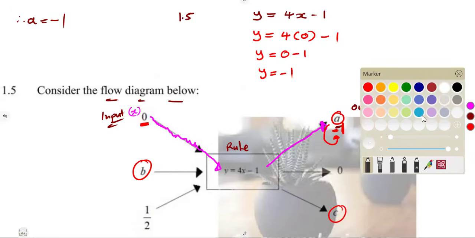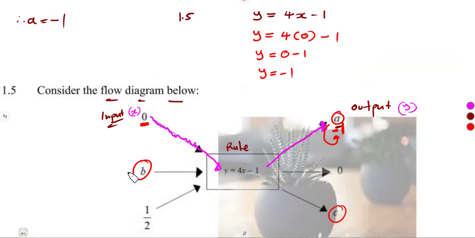Same concept. We move on to B. B is the input. Remember, input represents the x values. So if you input that B into this rule, we must obtain a 0, like this. That is what we have.